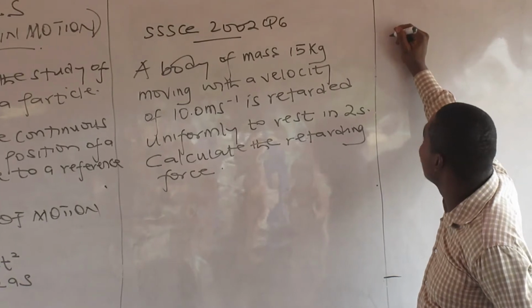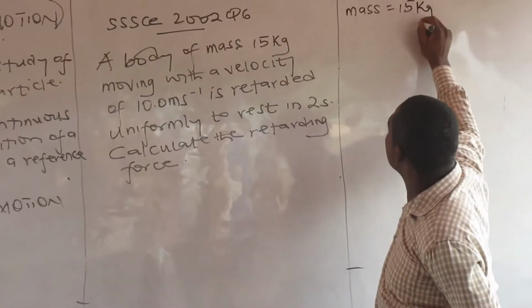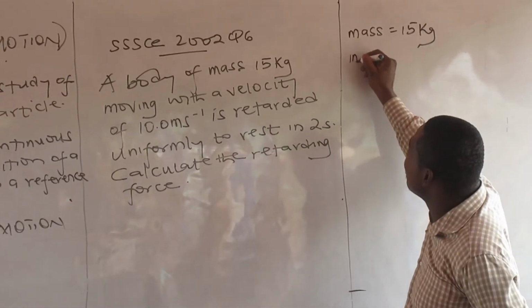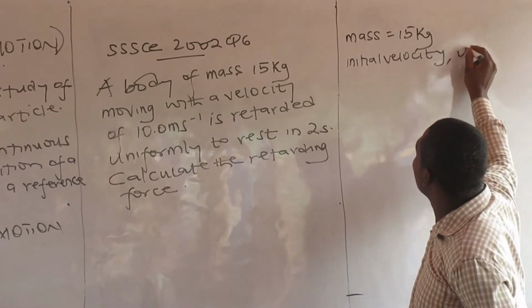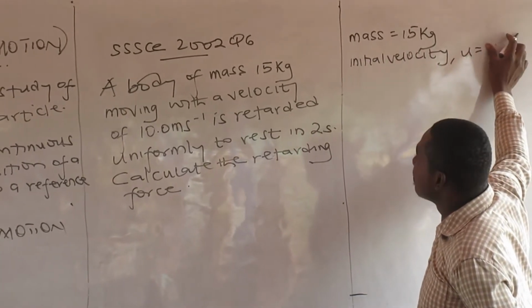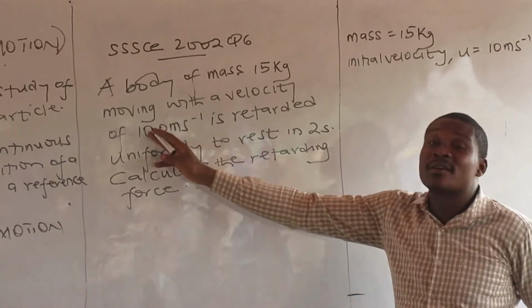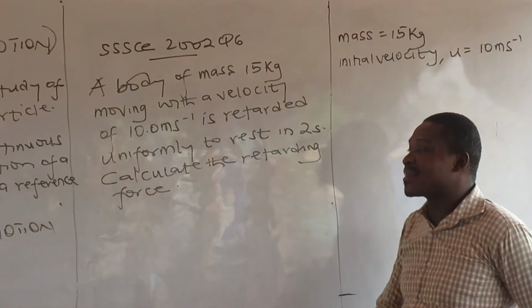A body of mass 15 kg. The mass is 15 kilograms. Moving with a velocity, that should be my initial velocity, and that is u, 10 meters per second. It's retarded uniformly to rest.